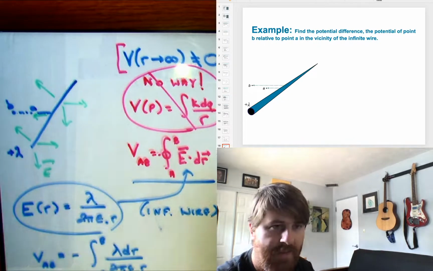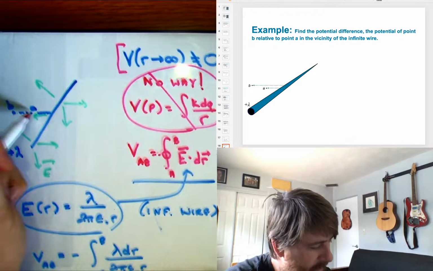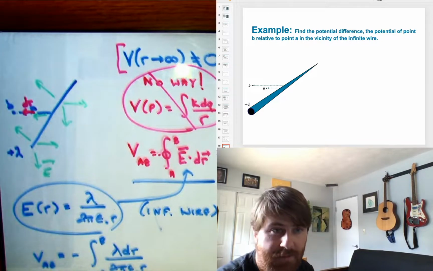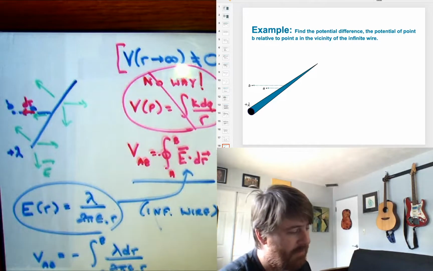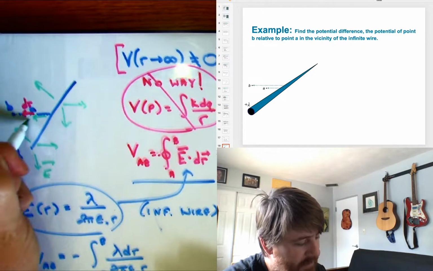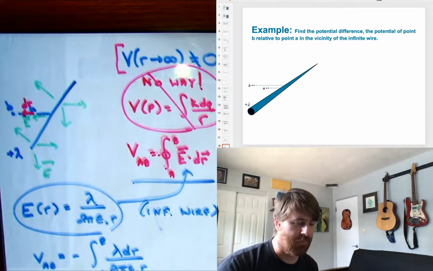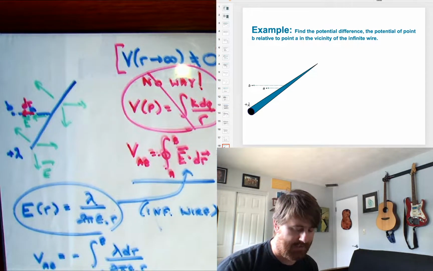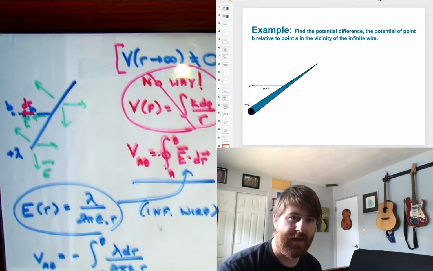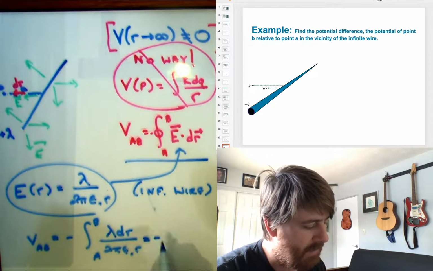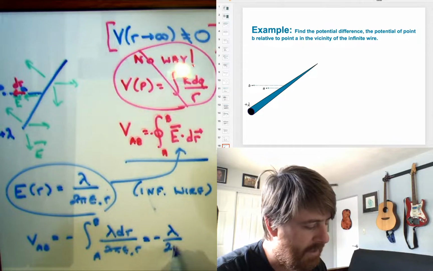Well, I'm moving in this direction from A to B. There's my dr. The electric field is in the same direction that I'm moving, so the two are parallel to each other. The angle between them is 0, cosine of 0 is 1, and I just have to multiply their magnitudes.